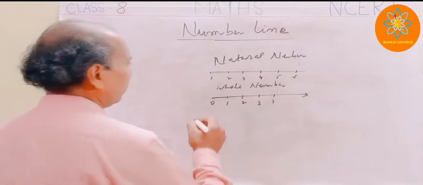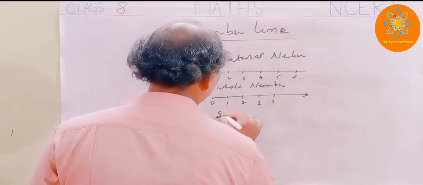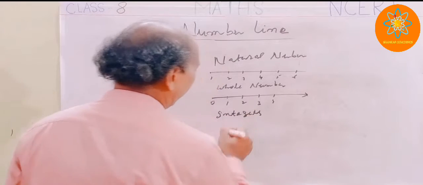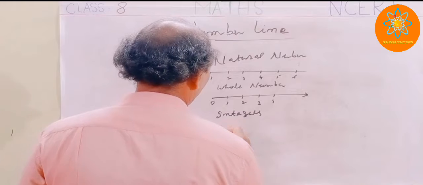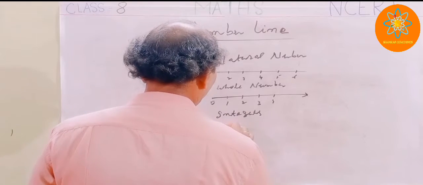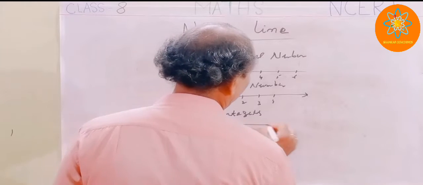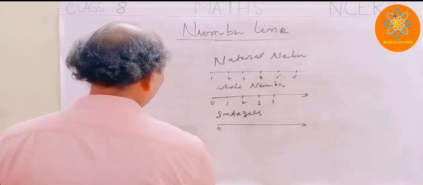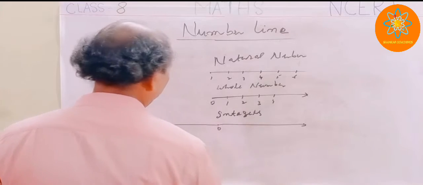Now for the case of integers, suppose we have the integers. Then to represent integers on the number line, we have the few portion on the right hand side of the 0 and few portion on the left hand side of the 0.